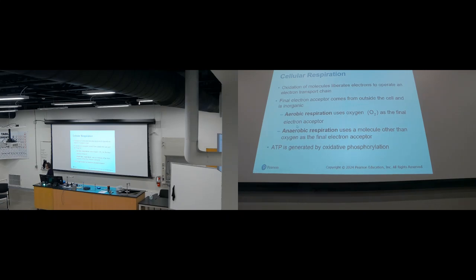So today we're going to start with cellular respiration to continue our chapter on microbial metabolism. In cellular respiration, you have a series of oxidation-reduction reactions that lead to the transport of electrons along carriers, and ultimately these electrons end in an acceptor of electrons.